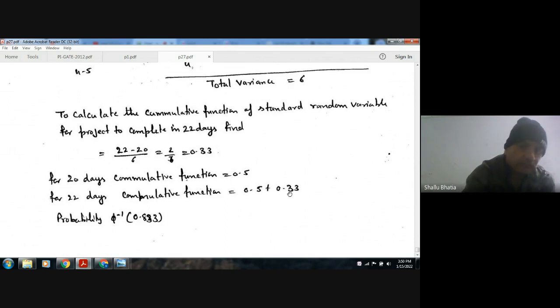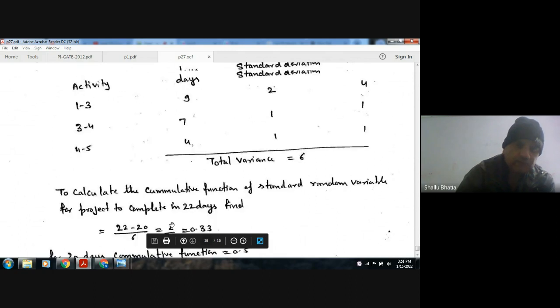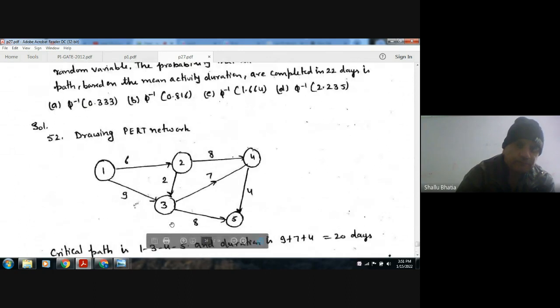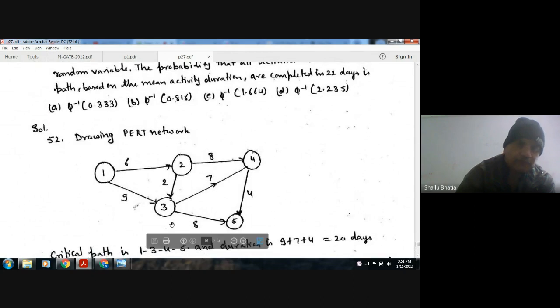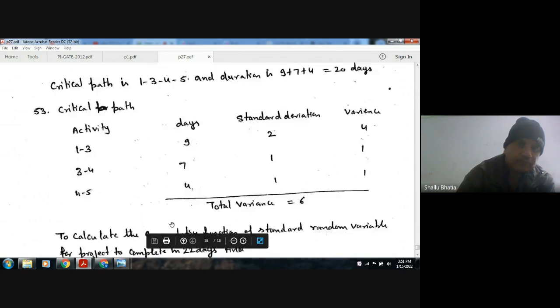So there are more chances to complete the project in 22 days than in 20. The probability is phi of 0.33, about 0.63, so the nearest option is B.